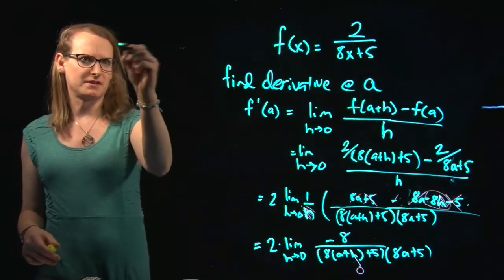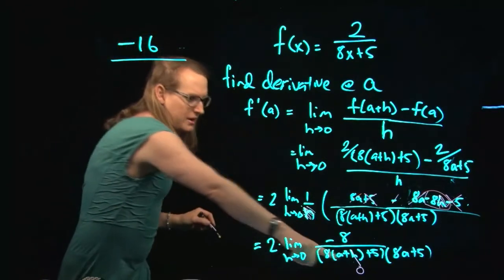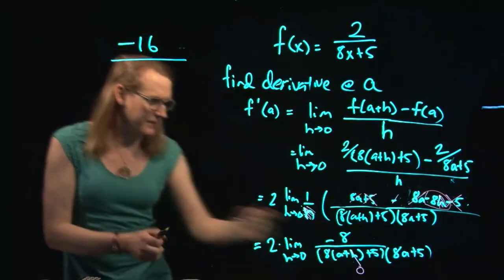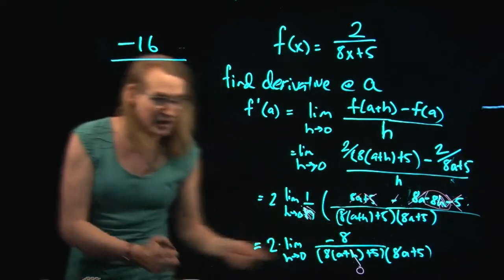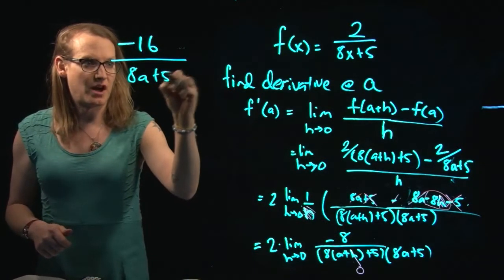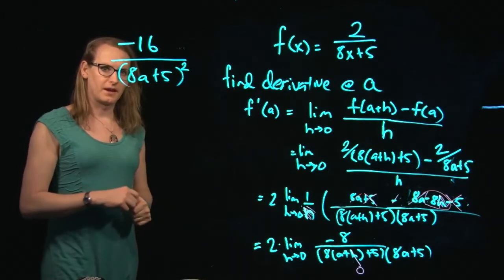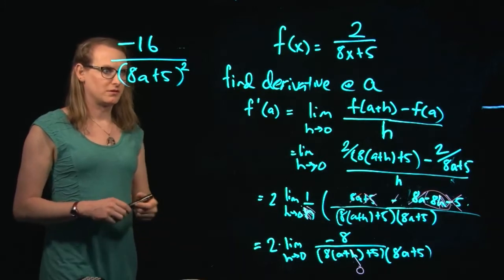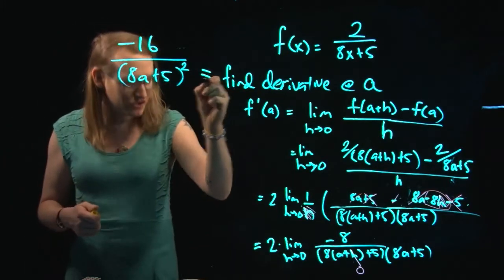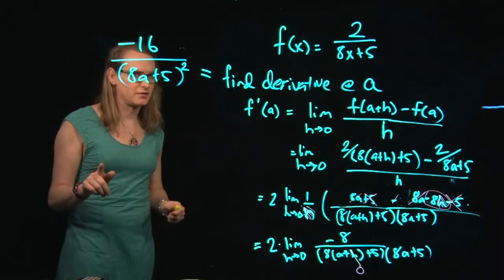So we've got minus 16, and then that's over. And look, if h goes away, I just have 8a plus 5. 8a plus 5, that's 8a plus 5 squared. Nice. And that's the derivative at a, the slope of the tangent line.